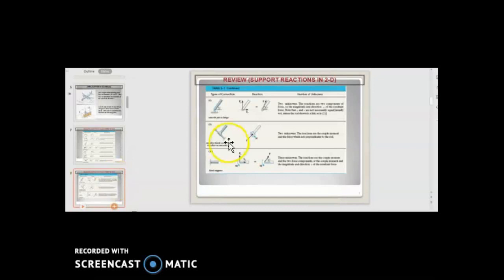Previously we already learned about the support reaction in 2-dimensional joints or supports. So this is an example of the 2D reaction force for support and joint, and this one also.